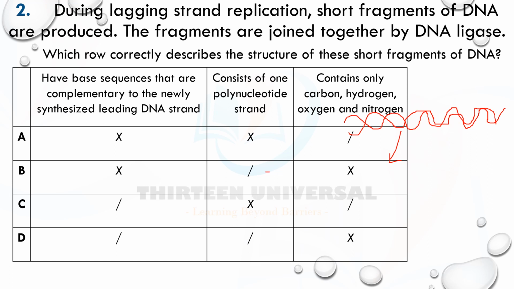Then we have a replication fork like this. It is formed like this, so it is an unwinding, unzipping process. Don't forget this is the direction of the unwinding process.